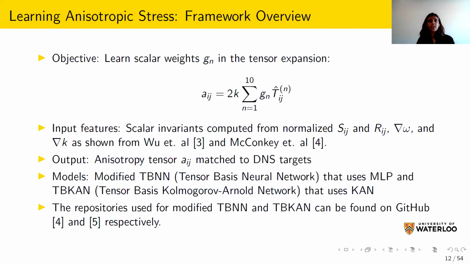Okay, got it. When our input features come out of RANS, we're still getting the GNs based on that. But then when we get the Aij, we compare it for a loss, like how different it is, taken from DNS.